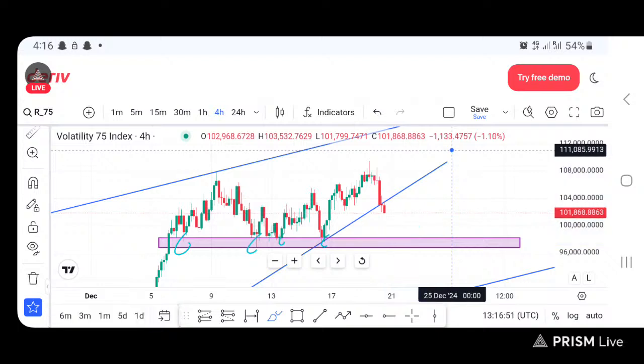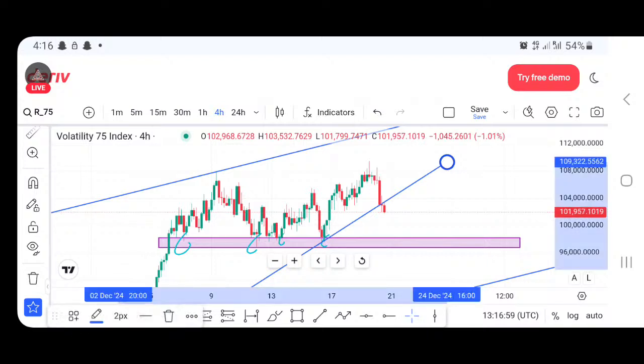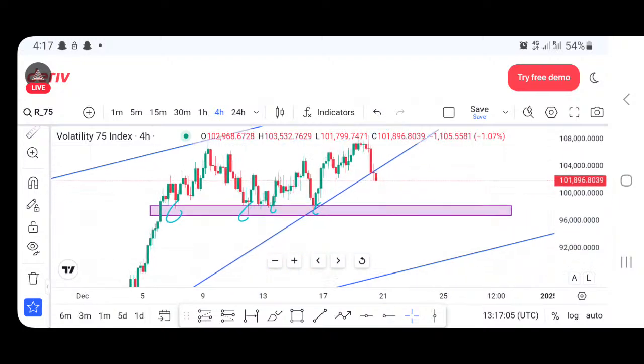If the market has not bounced from this trend line, are you getting the point? If it has not bounced from that trend line, it will come down like this.